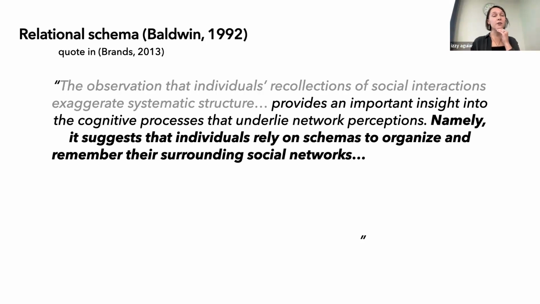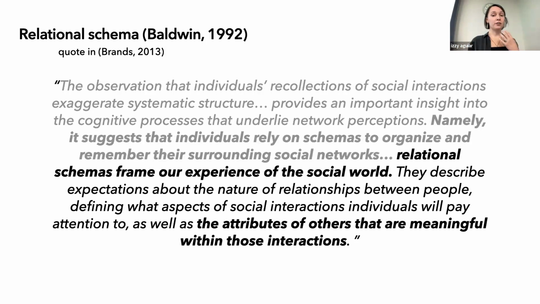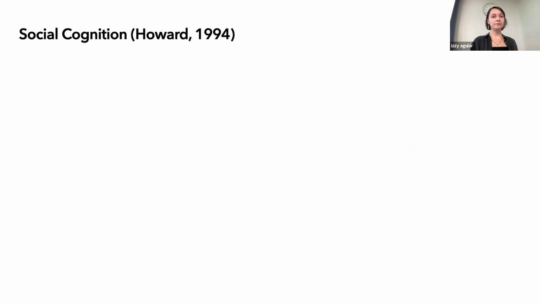Namely, it suggests that individuals rely on schemas to organize and remember their surrounding social networks. Relational schemas frame our experience of the social world. They describe expectations about the nature of relationships between people, defining what aspects of social interactions individuals will pay attention to, as well as the attributes of others that are meaningful within those interactions.